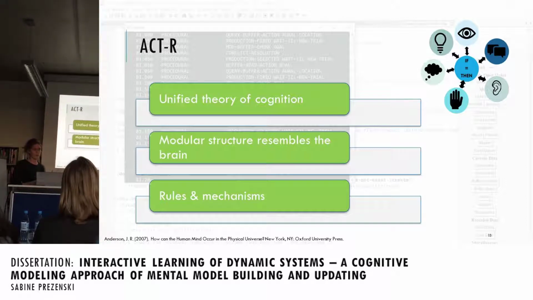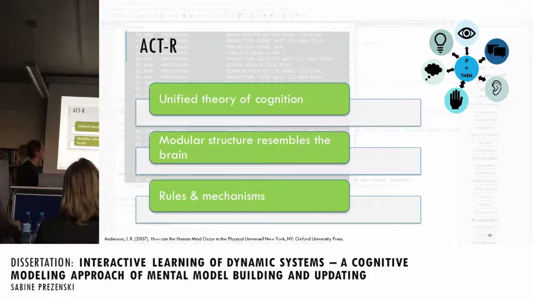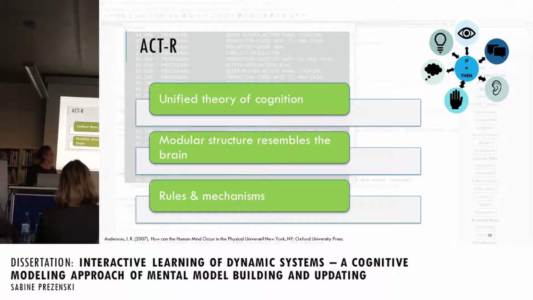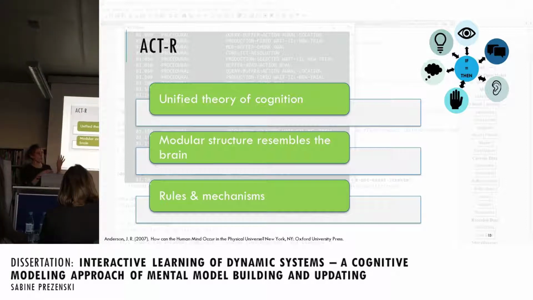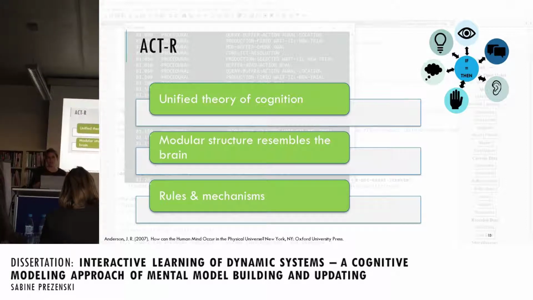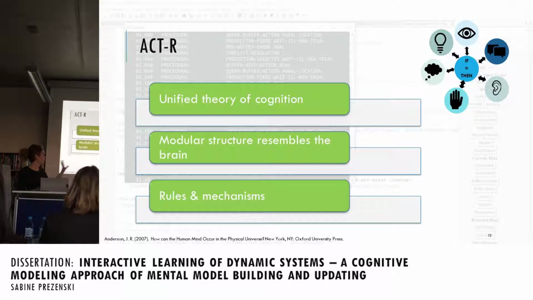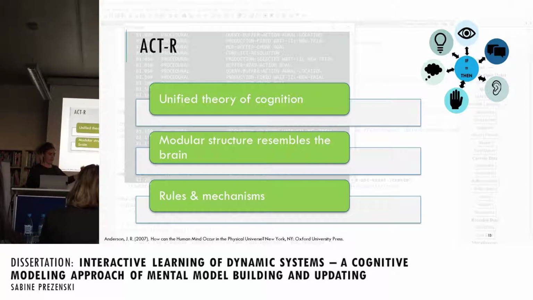We have different modules that process different types of information. We have a declarative memory module for our long-term memory. We have an imaginal module, which is important for learning things by binding new information together, visual modules, modules for motor activity, and other modules.